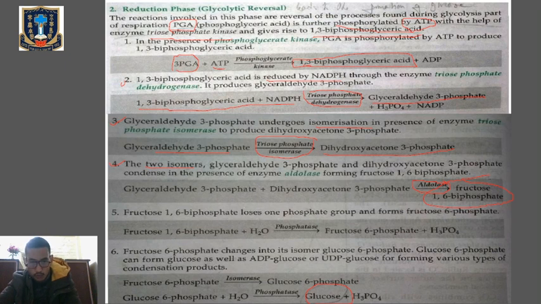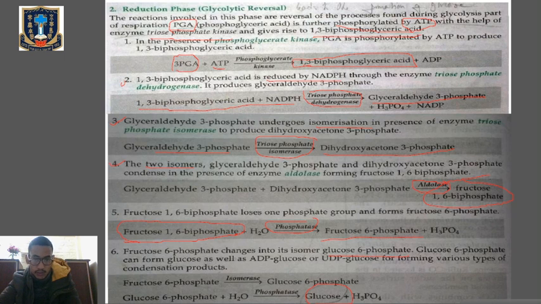Now this fructose 1,6-bisphosphate loses one phosphate group in the presence of the enzyme phosphatase and forms fructose 6-phosphate. Finally, this fructose 6-phosphate will change into its isomer called glucose 6-phosphate, and glucose 6-phosphate will form the glucose.